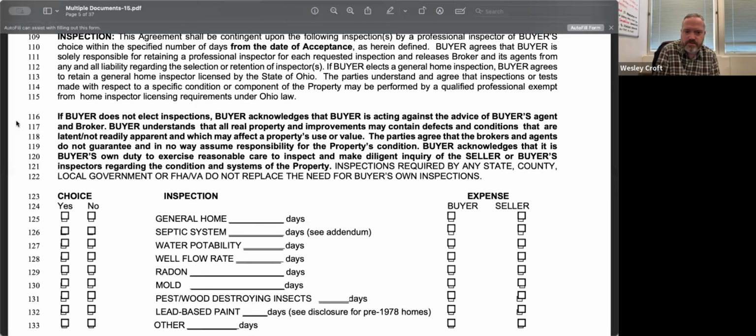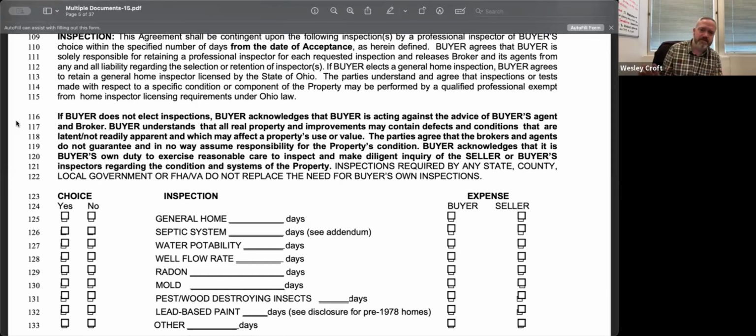The parties agree that the brokers and agents do not guarantee and in no way assume responsibility for the property's condition. Buyer acknowledges that it is buyer's own duty to exercise reasonable care to inspect and make diligent inquiry of the seller or buyer's inspectors regarding the condition and systems of the property.